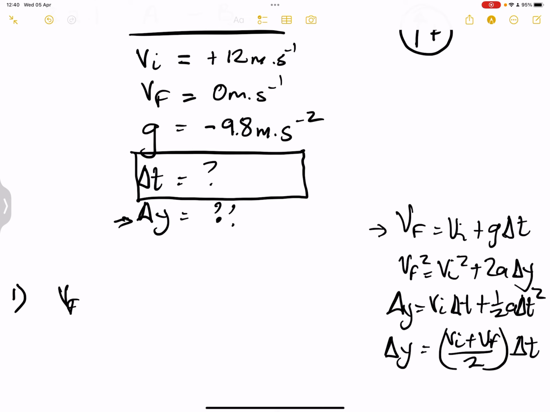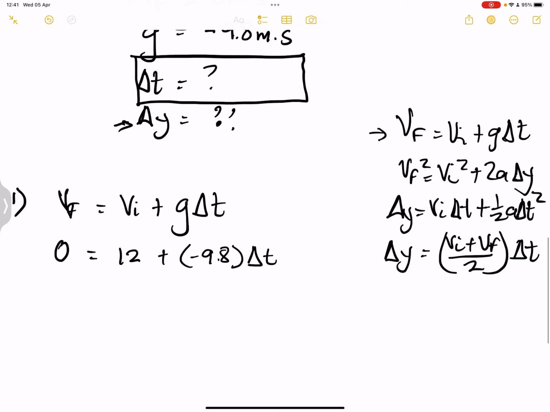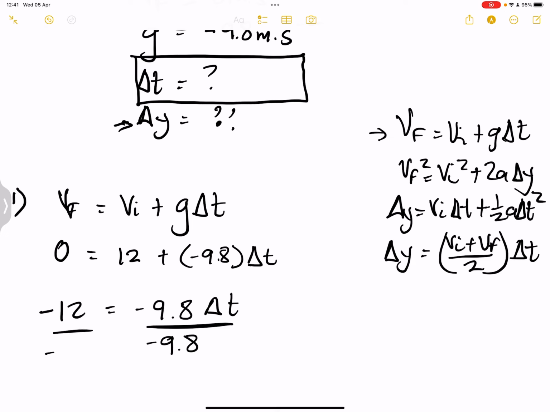So Vf equals Vi plus g delta t. Our final velocity is 0, so we substitute: 0 equals 12 plus negative 9.8 times delta t. Taking this to the other side, we've got negative 12 equals negative 9.8 delta t, and we can divide both sides by negative 9.8.